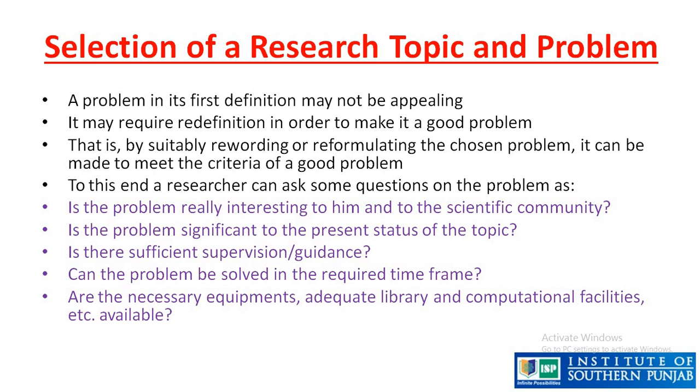Are the necessary equipments, adequate library and computational facilities, etc. available to you for doing that research? For example, if someone is doing research in chemistry, then are there sufficient materials, sufficient solvents and sufficient lab equipment to do the research in time?